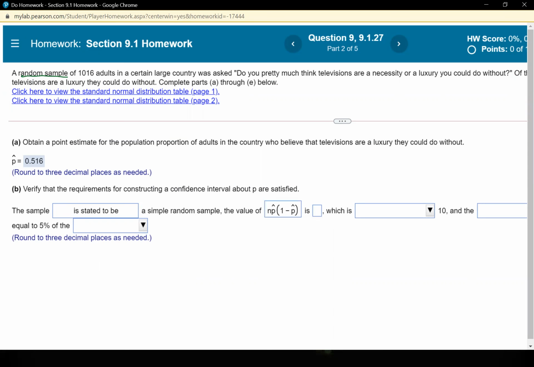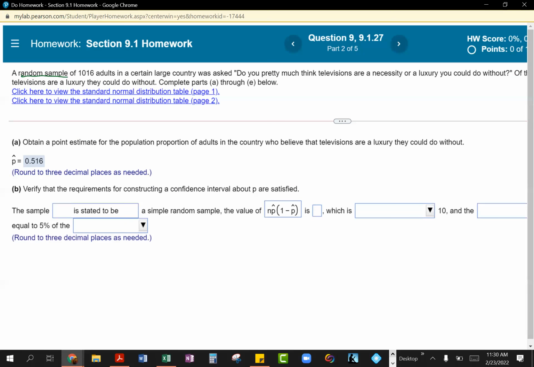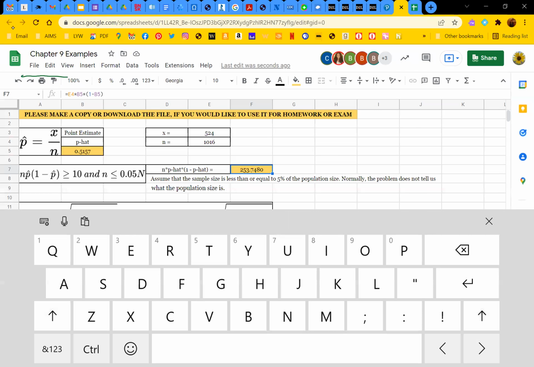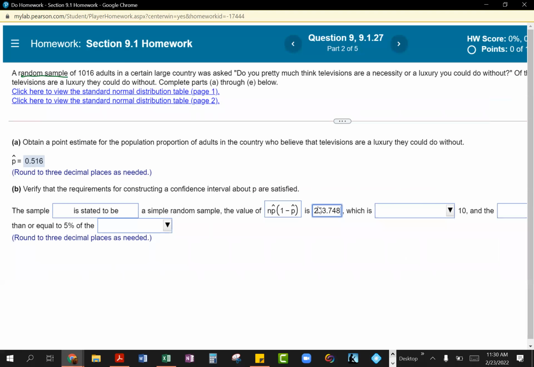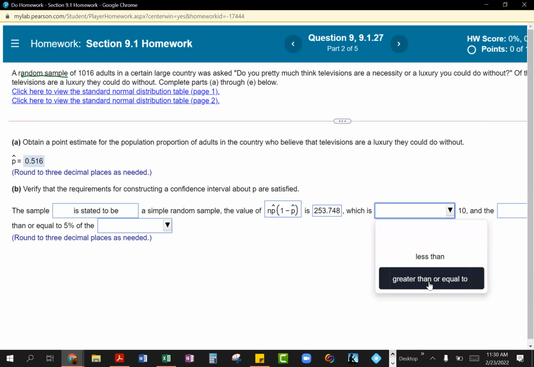This value was, and they want us to do 3 decimal places, I think that guy was 253 something. So 253 and then 3 decimal places will be 748, which is obviously greater than or equal to 10, because remember the minimum requirement was 10.